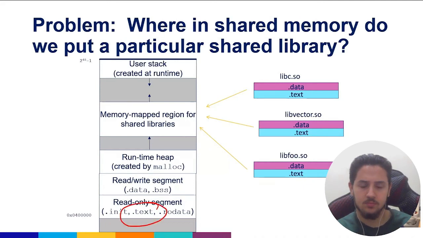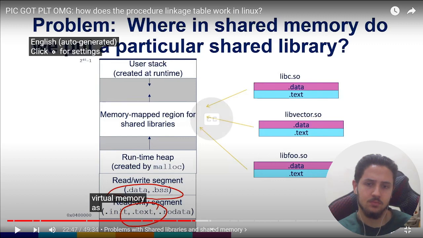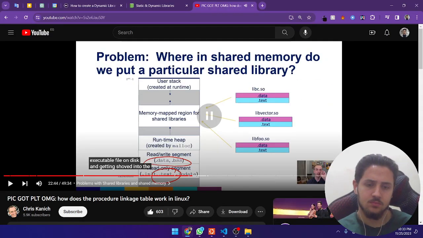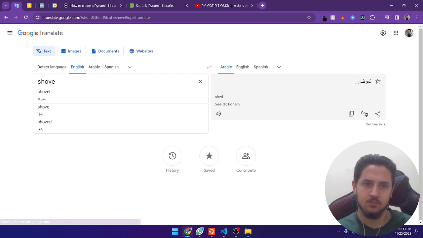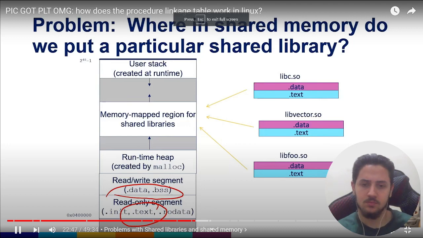in this text section. All of our global variables are in this data and BSS section. That's everything that's coming out of that executable file on disk and getting shoved into the segment of virtual memory as it gets loaded in the program image.